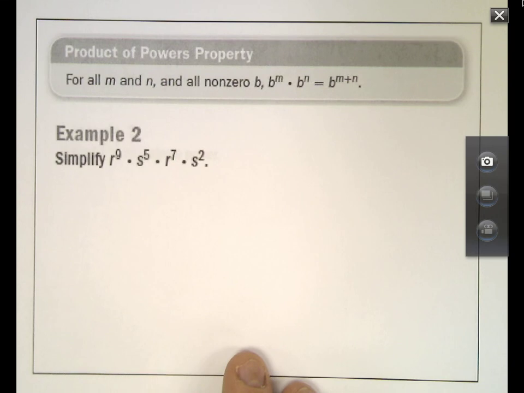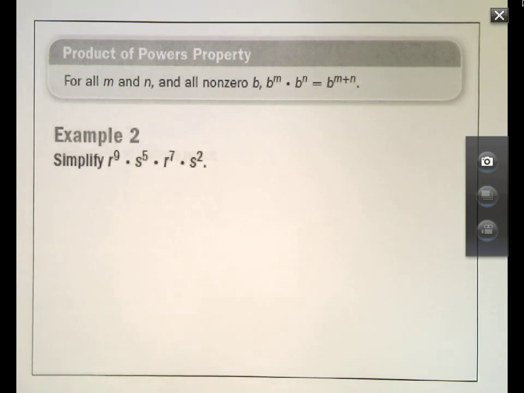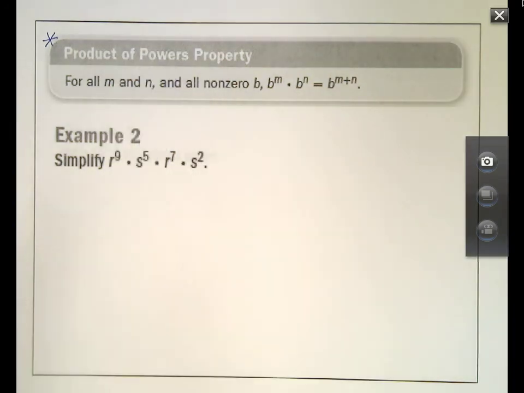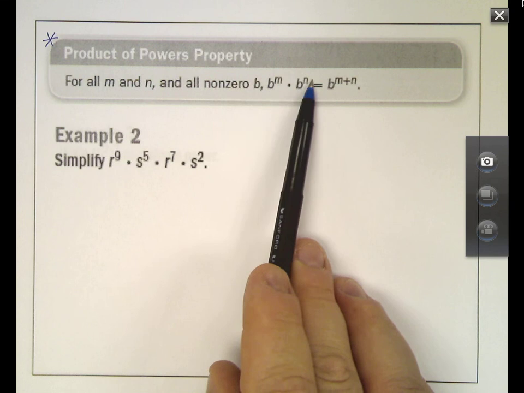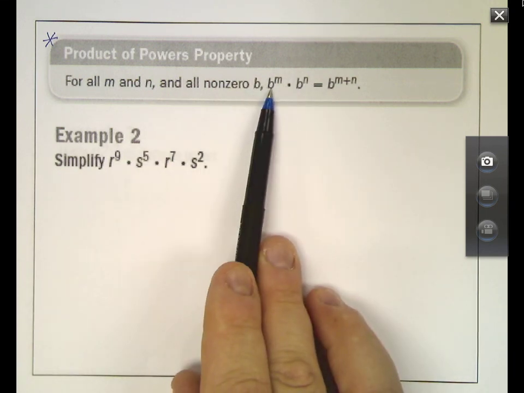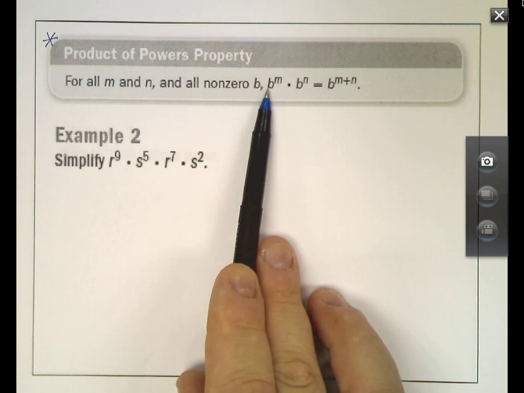The first property that I want you to know is the product of powers property. The product of powers property says for all m and n, those are my exponents, and all non-zero b's, b's just some random base, could be 3, could be y, could be z.